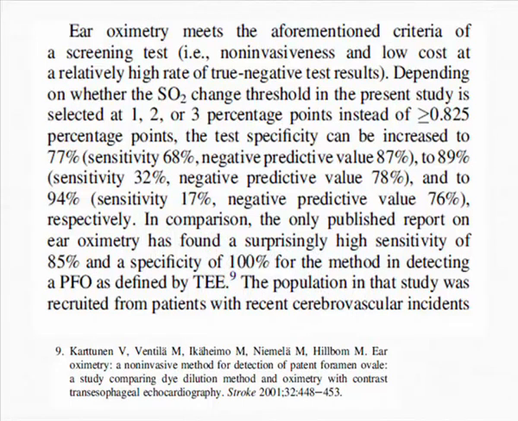Ear oximetry meets the criteria for a screening test: non-invasiveness, low cost, and a relatively high rate of true negative tests. Depending on whether the saturation change threshold in the study was selected at 1, 2, or 3 percentage points instead of greater than 0.8, the test specificity can be increased to 77%.